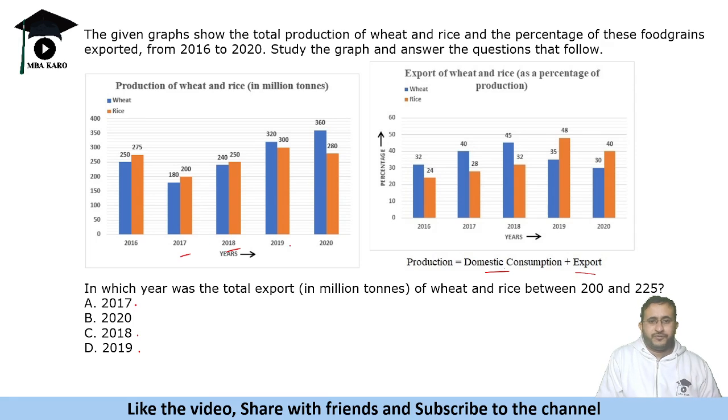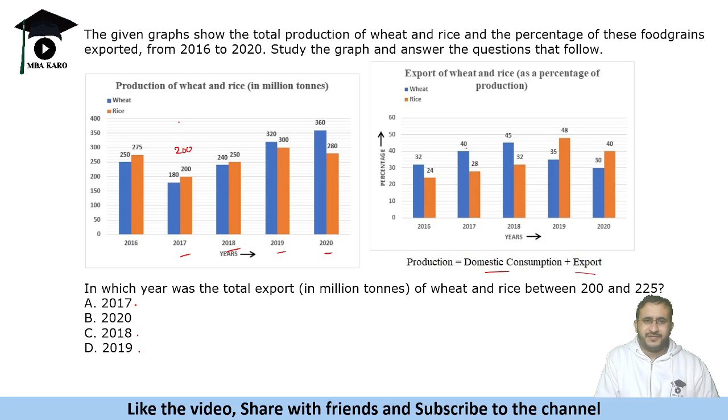So we need to find for these and see in which year the export was between these numbers. Right now, one way to do it is, since the production is almost the same, we can take the average of it and find the values like this. So what I mean is, let us take roughly 200 and find this is 40 plus 20, 68.